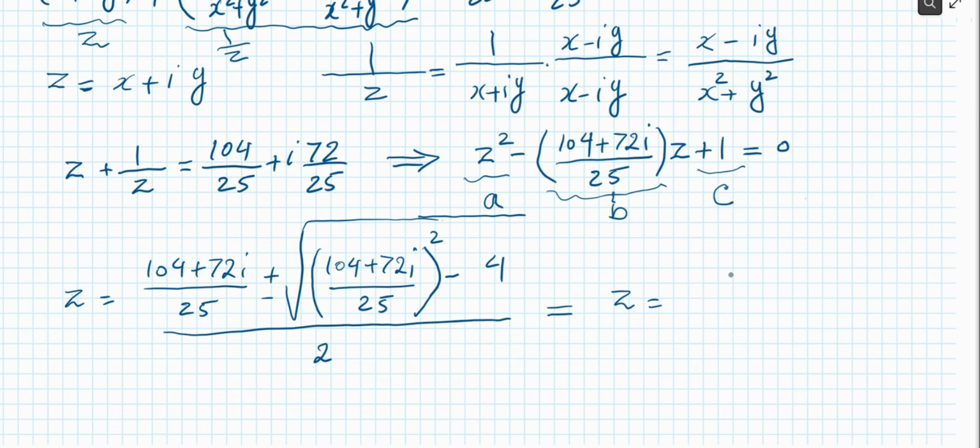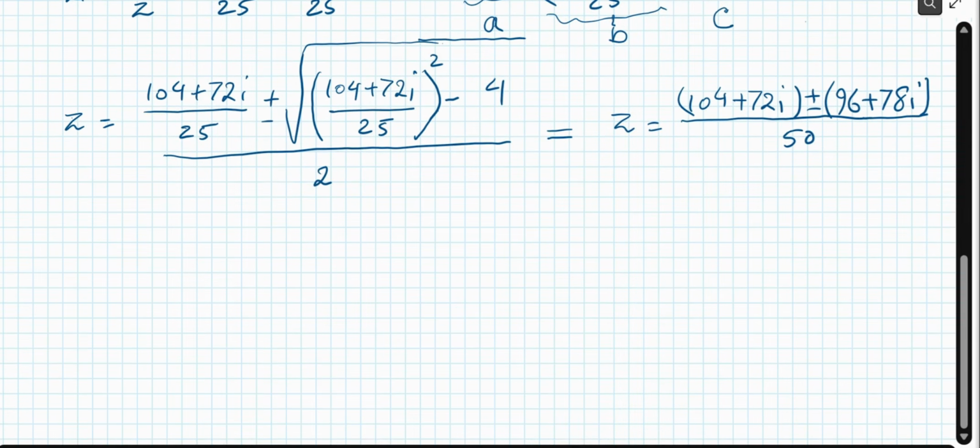So z is equal to 104 plus 72i plus or minus 96 plus 78i, divided by 50.